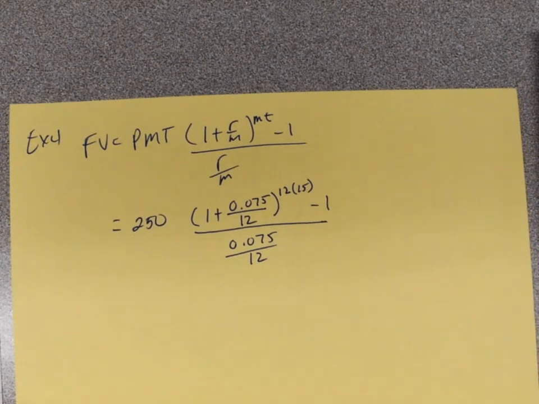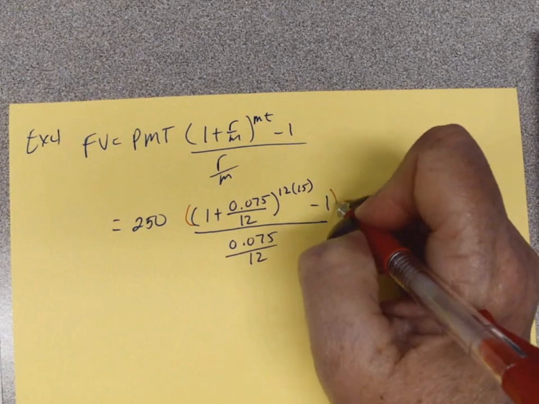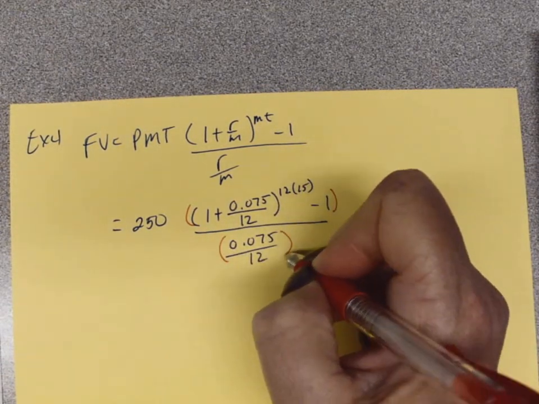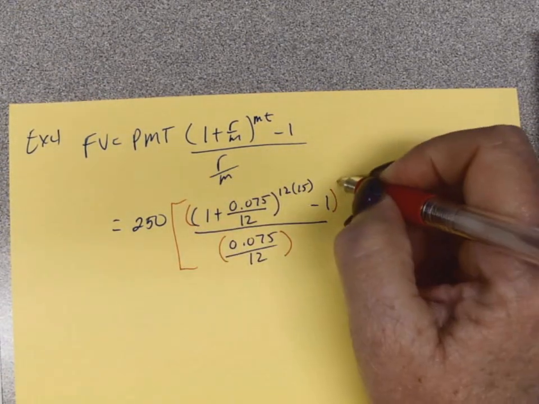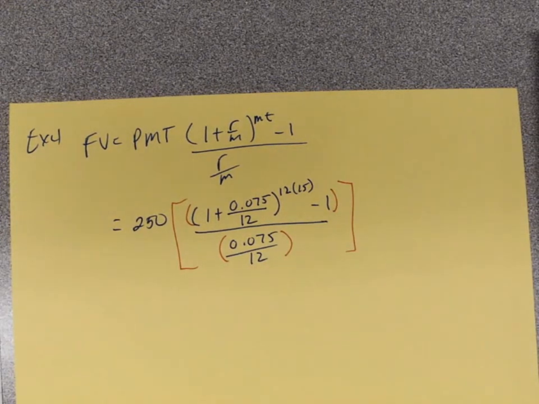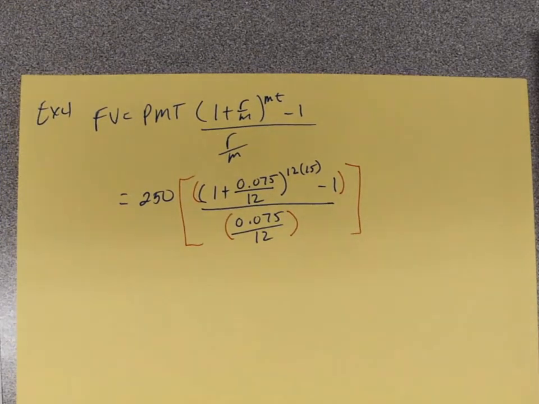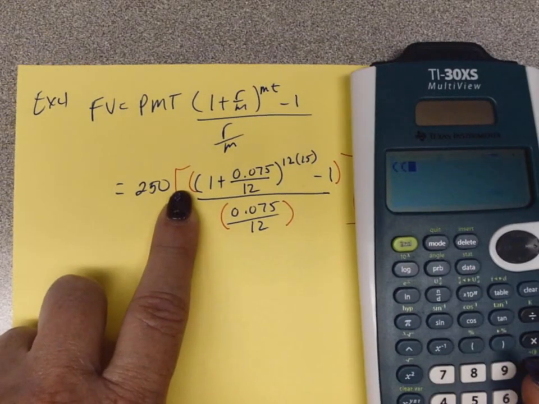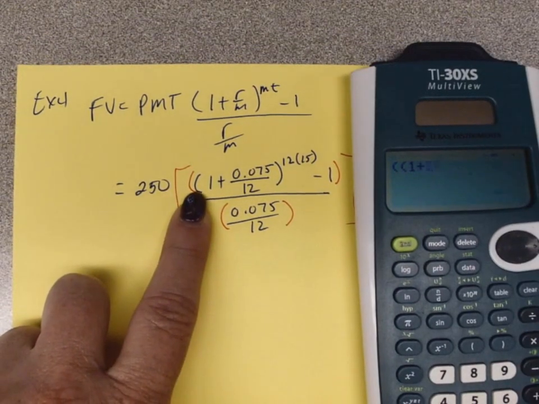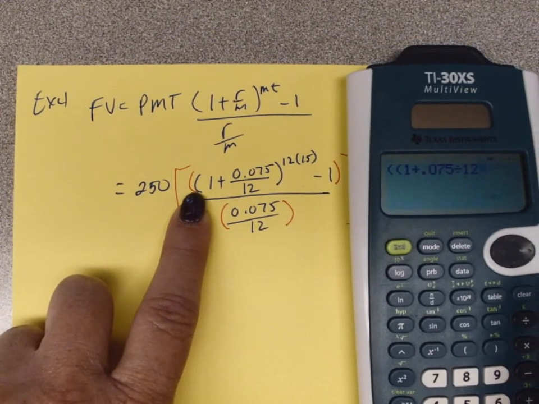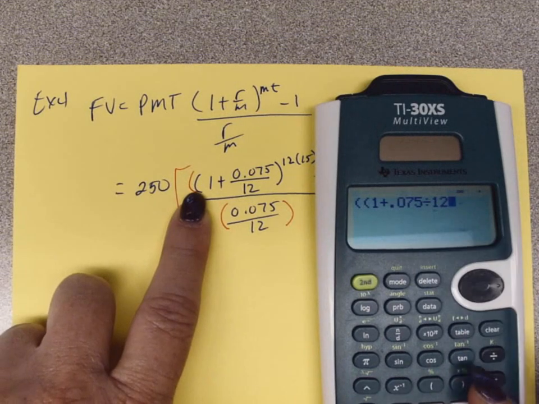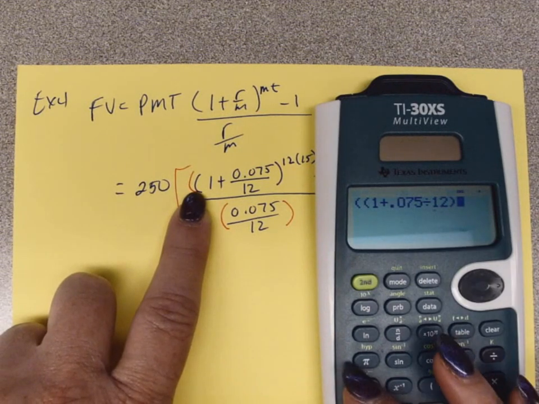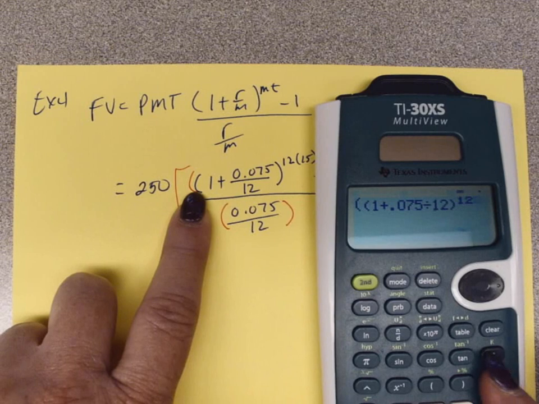All right, so now let's go put our parentheses in again. So we're going to have parentheses at the top, parentheses at the bottom, and then we're going to do our big brackets again. So again, we're going to do this part first. So we're going to do 2 parentheses, 1 plus 0.075 divided by 12. Again, I don't put in a fraction. I just put divided by 12. The calculator knows PEMDAS. Raised to the 12 times 15.